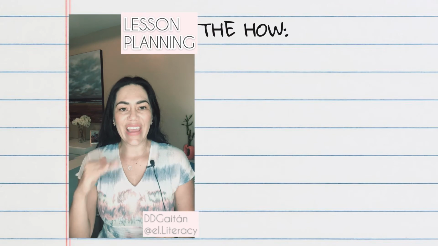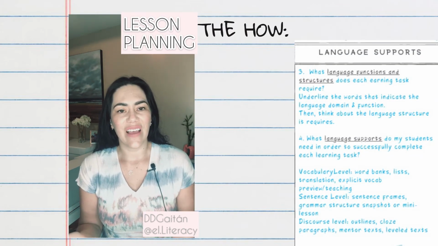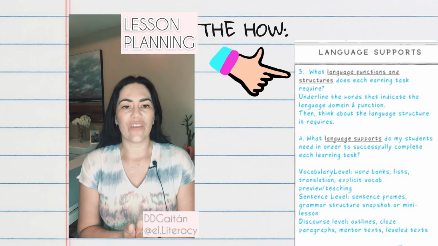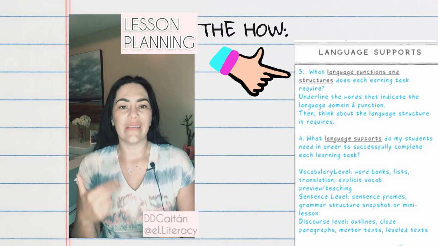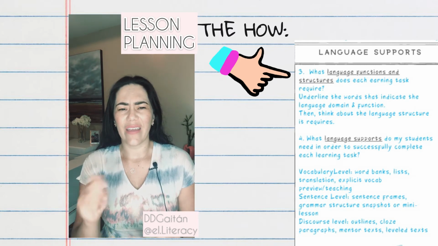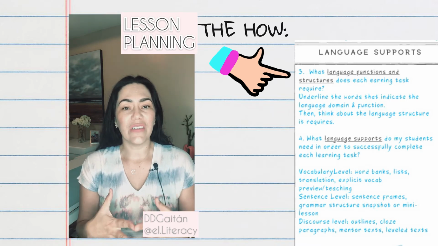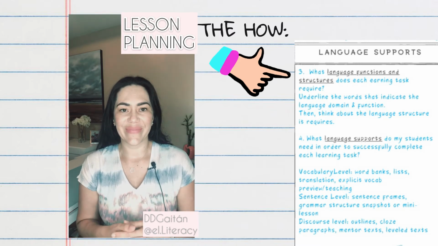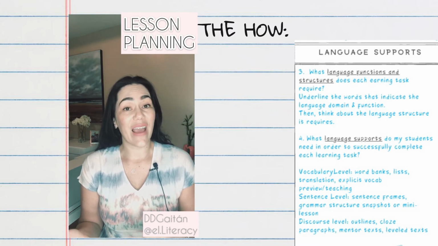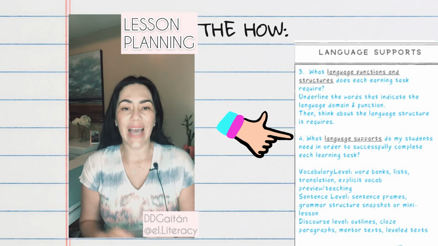Then I go through each learning task and I quickly ask myself these questions. What language functions and structures does this particular learning task require? I underline the words that indicate the language domain and function, and then I think about the language structure it requires. The other question I ask myself is, what language supports do my students need in order to successfully complete each learning task?